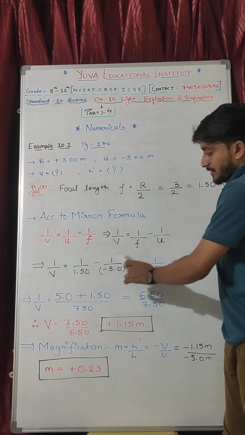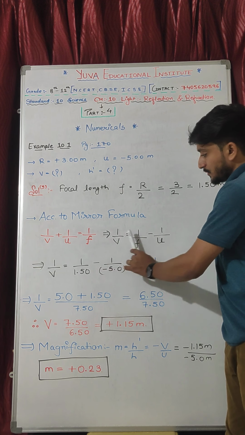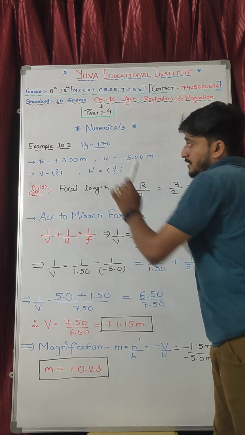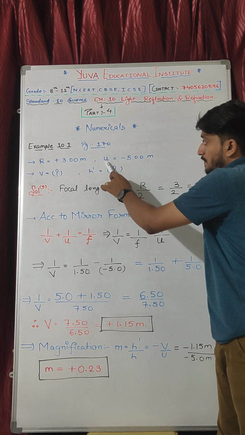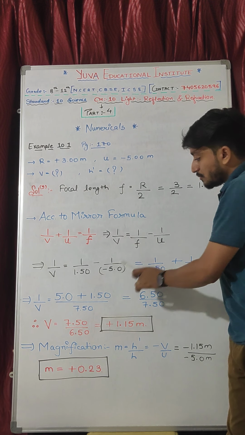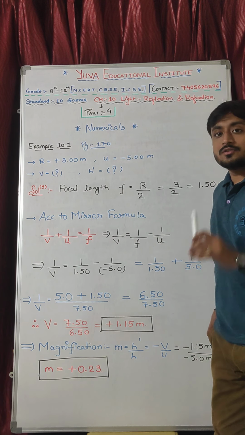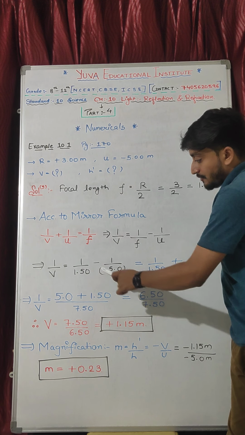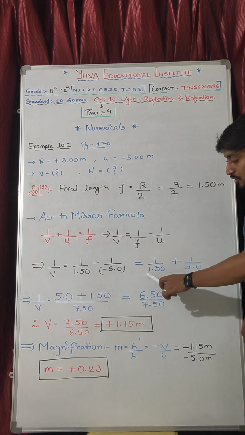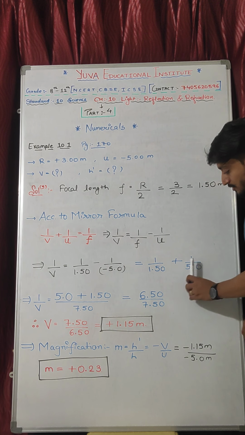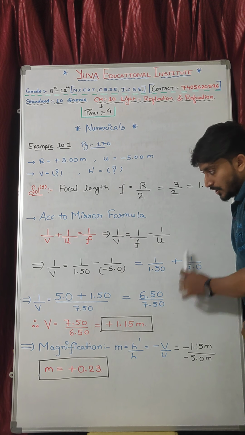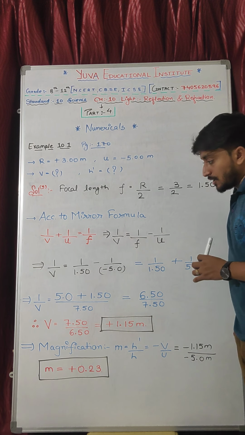Your focal length is 1.50, minus of your image, that is v, you have to find. Then put the value of u is equal to minus 5.0, place the values. Now students, you have to simplify these two signs, minus minus will become plus. So finally you are getting 1 upon 1.50 plus 1 upon 5.0. This minus and minus becomes plus. Okay, this much is clear.